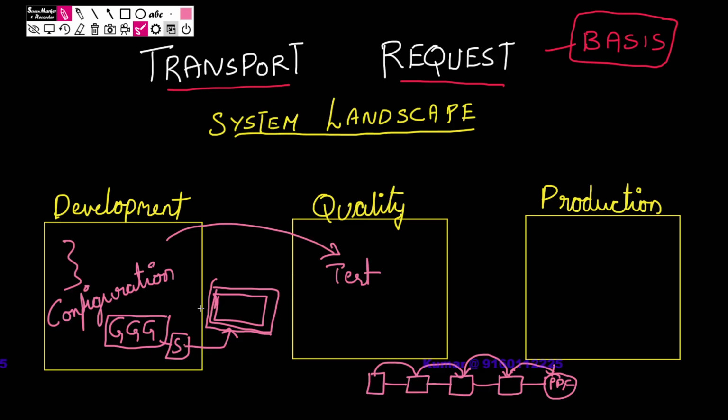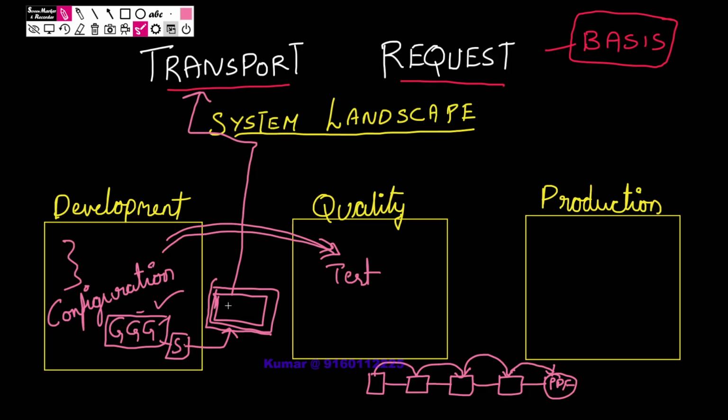So how do we transport the configurations from the development server to the quality server? These configurations are saved in the development server, for example triple G. I want to transport this from development to quality server. What I'll do is, when I save this triple G, it will ask me for one transport request number.